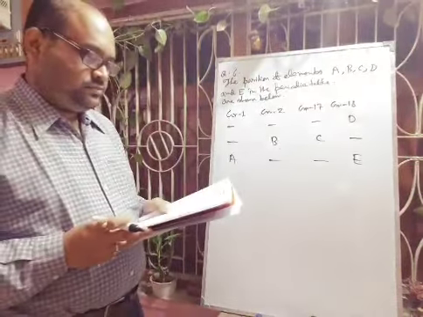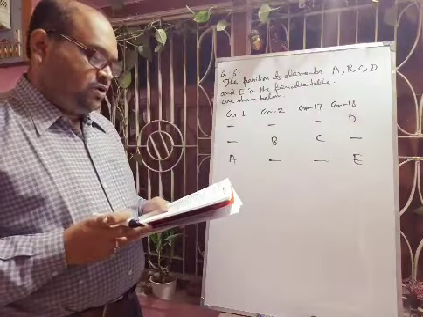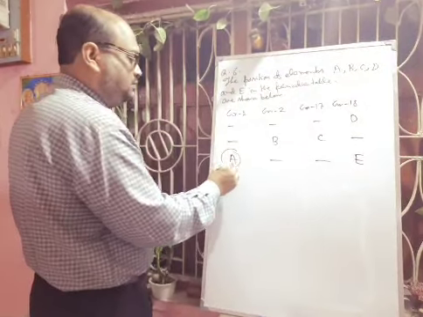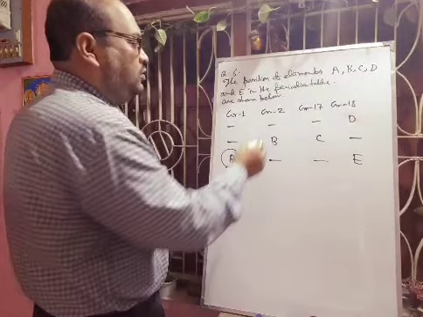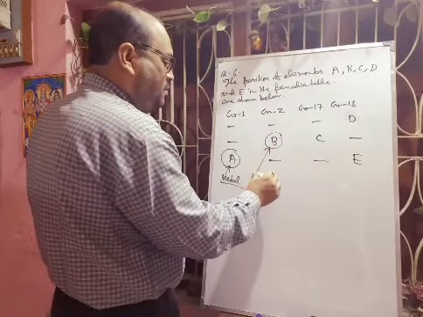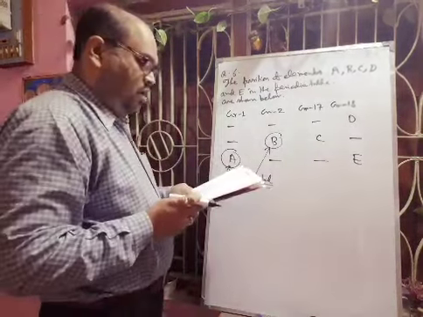Okay. So metal, definitely group 1 elements are metal, so A will be the metal. And group 2 elements, this one also will be metal. And then non-metals.